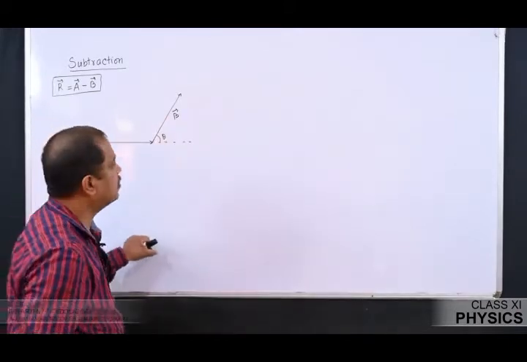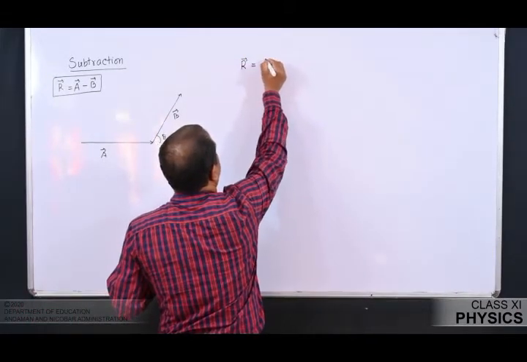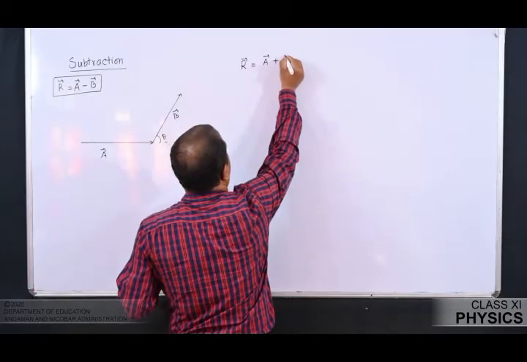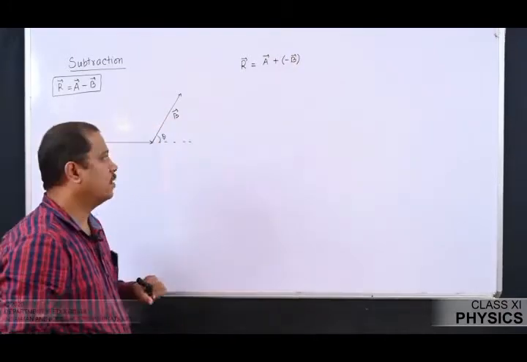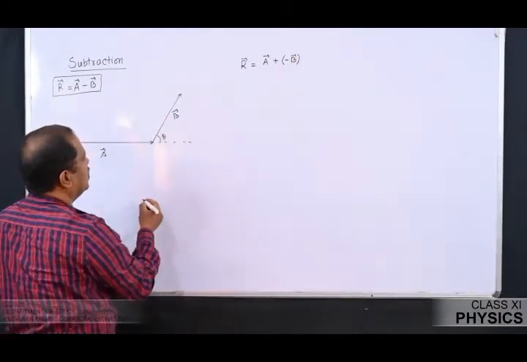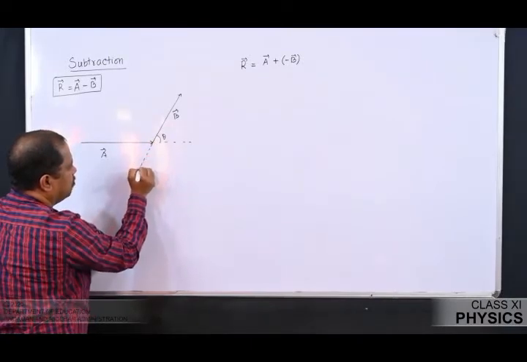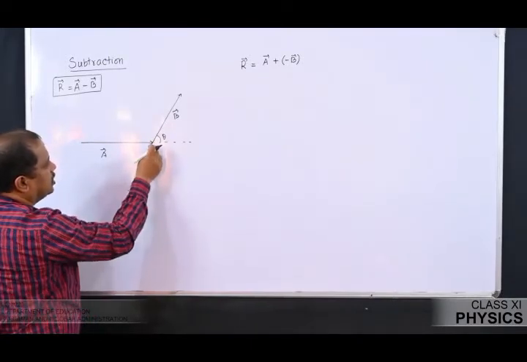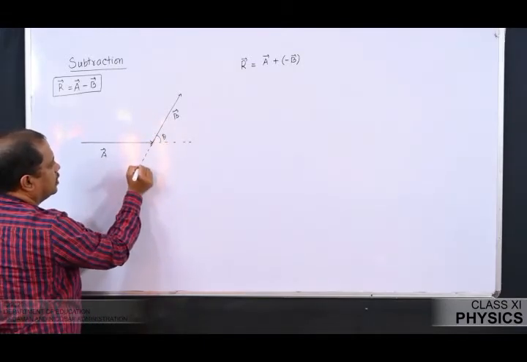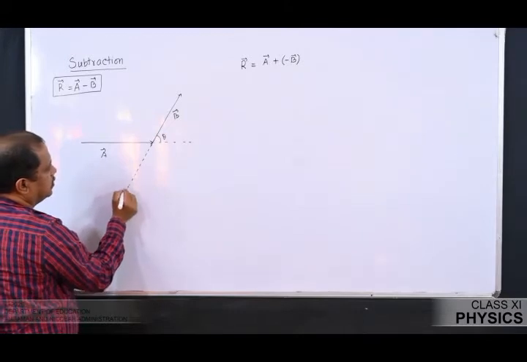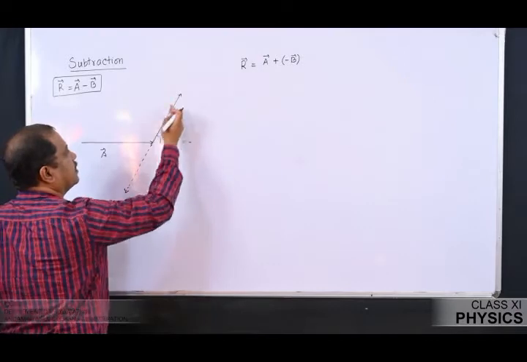Okay, I shall write here because I want to draw the figure. So vector R is equal to the sum of vector A and negative of vector B. Negative of B is very simple. I'm going to produce this backward such that it has the same magnitude as this vector. So this has the same length as this one, whereas the direction of this vector is exactly opposite.